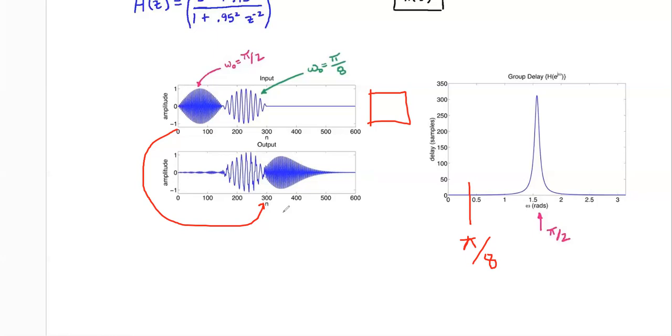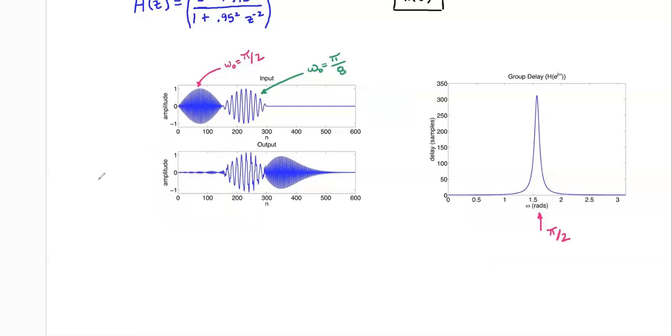Pi by 8? 0. It is the same, so that's why it starts with the same sampling position. So due to this phenomenon, group delay, the signals will change their positions, and this is a problem of the nonlinear phase response. Okay, I hope you understand the process.